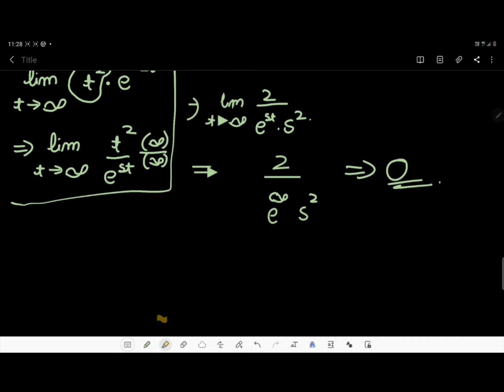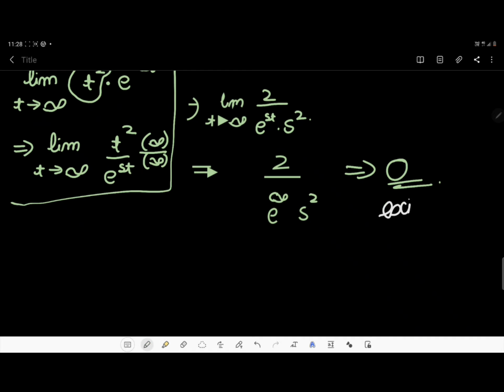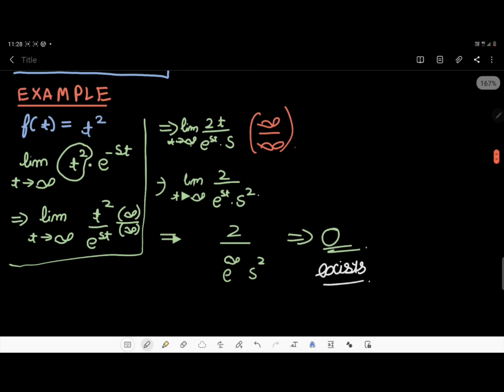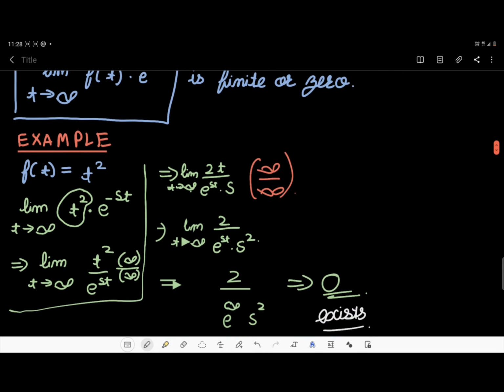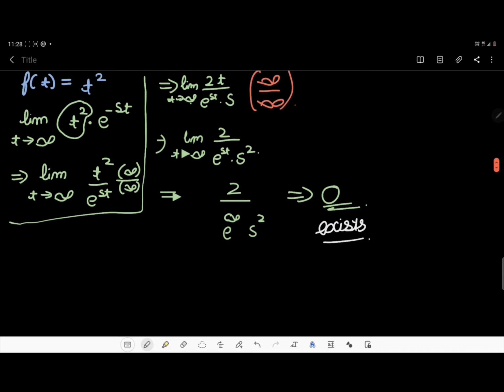Hence our conclusion is that the limit exists. In case it would have been infinite, then our limit would not exist.